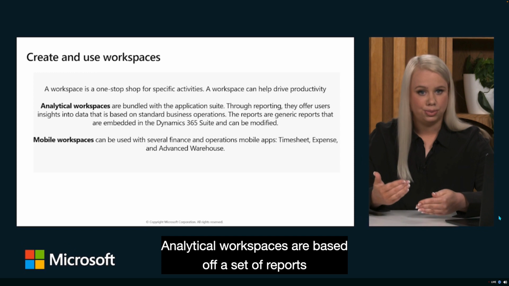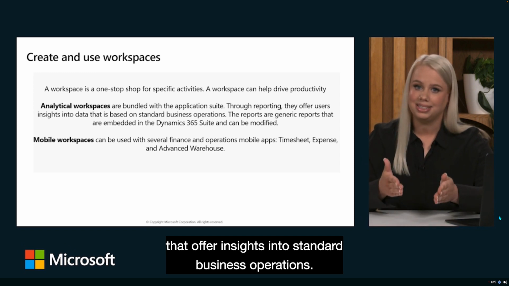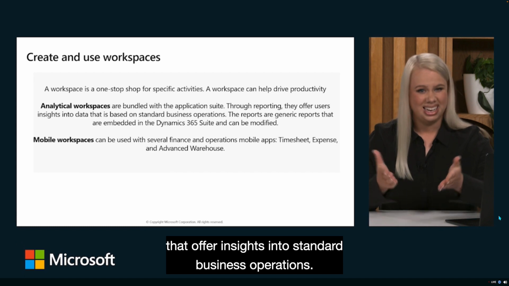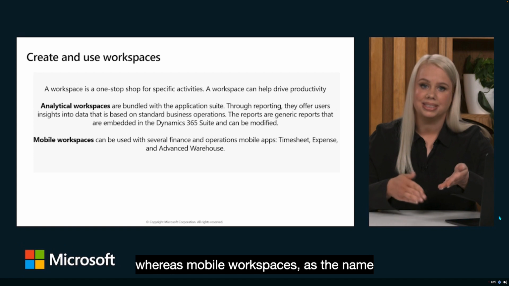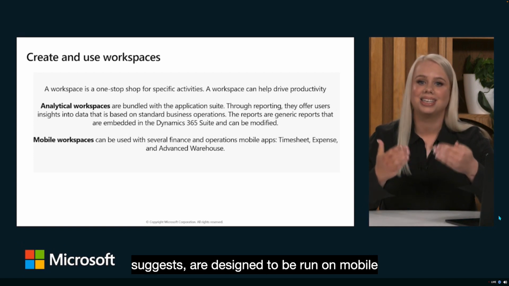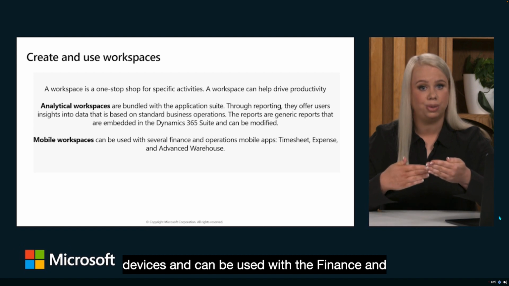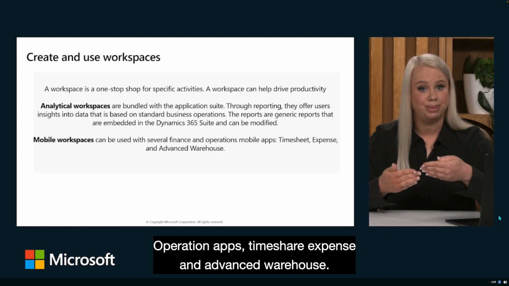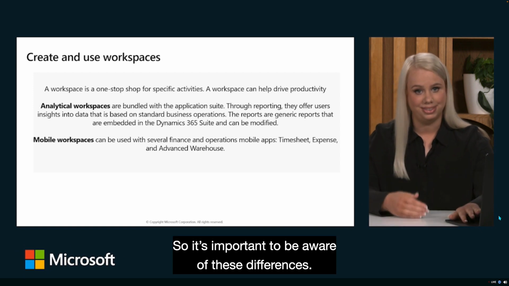So analytical workspaces are based off a set of reports that offer insights into standard business operations, and they actually look a lot like dashboards. Whereas mobile workspaces, as the name suggests, are designed to be run on mobile devices and can be used with the finance and operation apps, timesheet, expense, and advanced warehouse. So it's important to be aware of these differences.